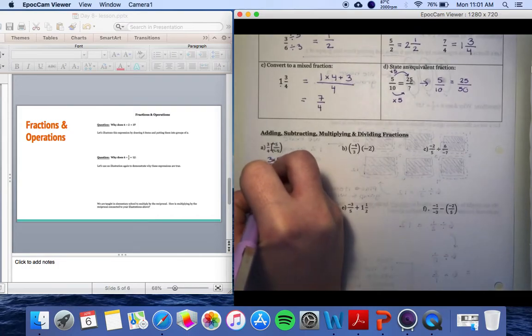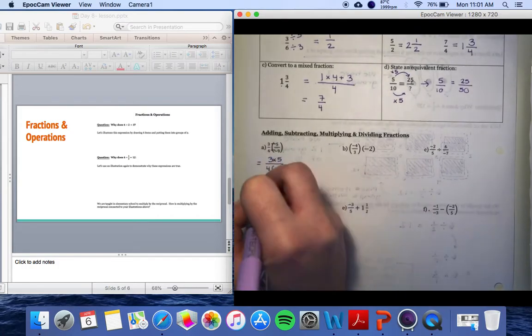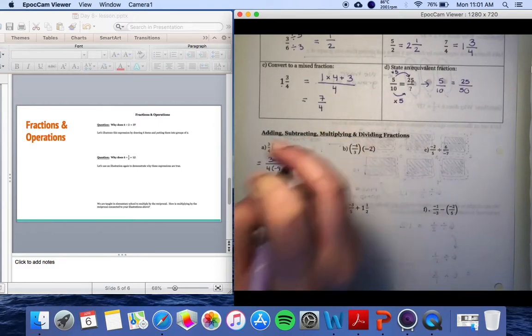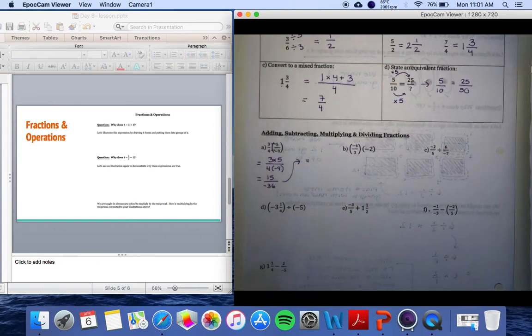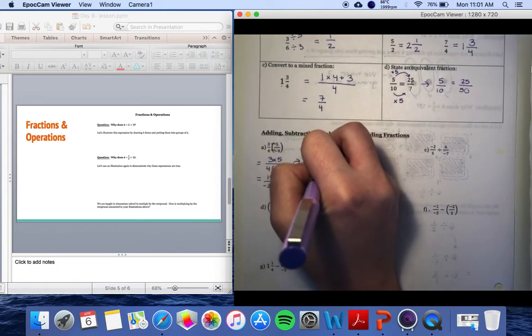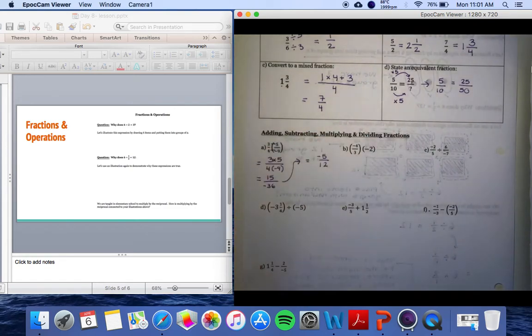So 3 times 5 is 15, 4 times negative 9, that's negative 36. Now we want to see if we can reduce this. Luckily, this reduces quite nicely to negative 5 over 12, because the number 3 divides both into the top and the bottom.